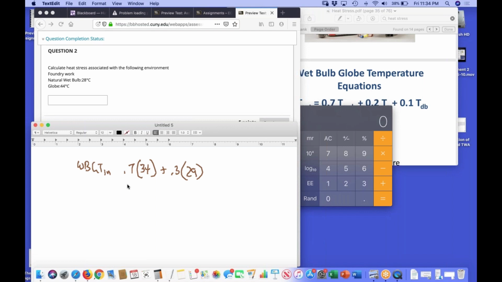This time we're going to be looking at 0.7 times 28 degrees centigrade plus 0.3 times 44 degrees centigrade. So we're cooler in that environment, but there's a lot of radiant heat probably off the furnace or whatever operation that he's working on there, since it's a foundry.